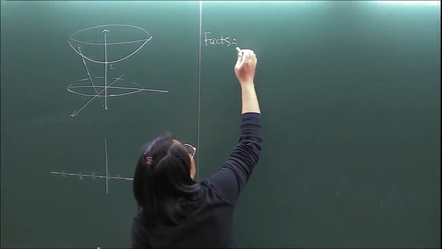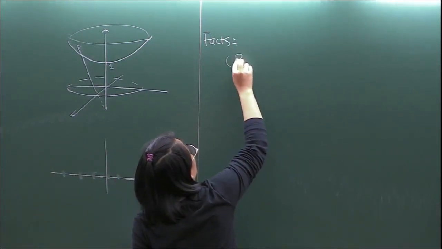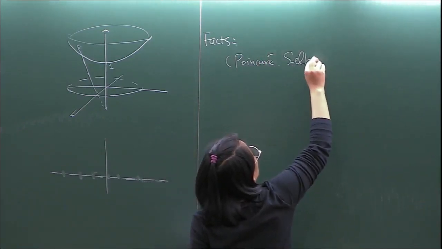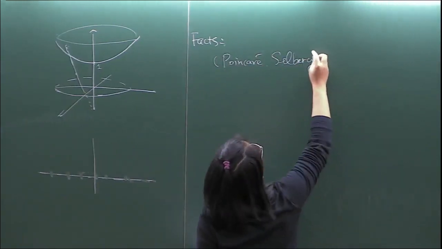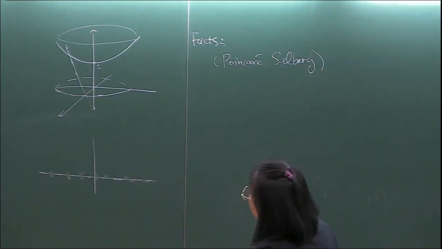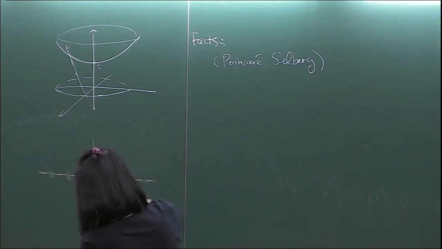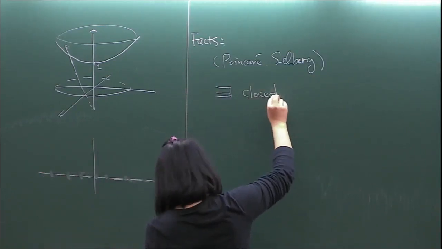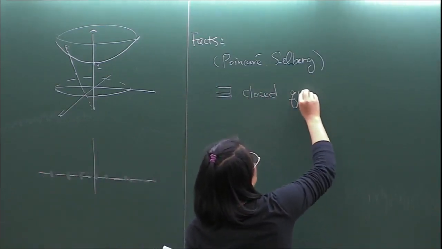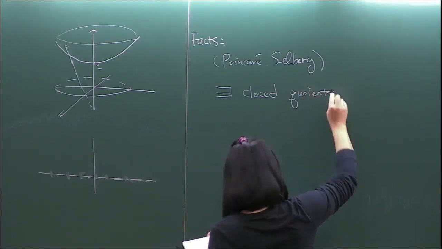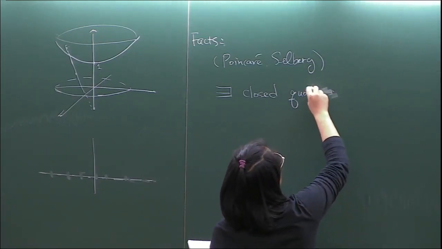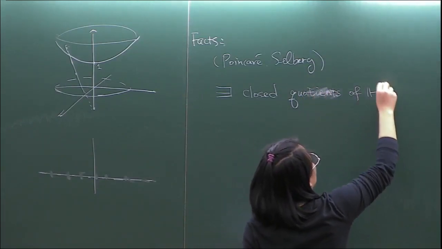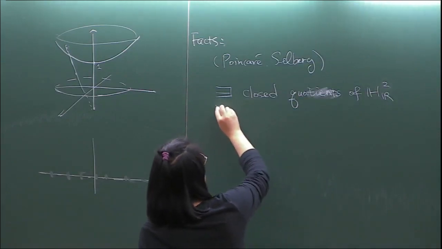So there are facts. The first fact is from Poincare and their book: for the two-dimensional hyperbolic space, there exist closed quotients by isometries.